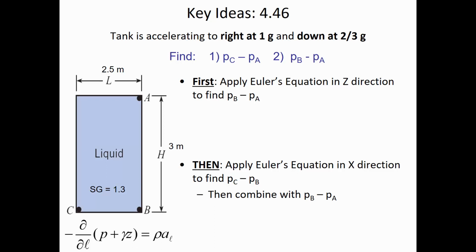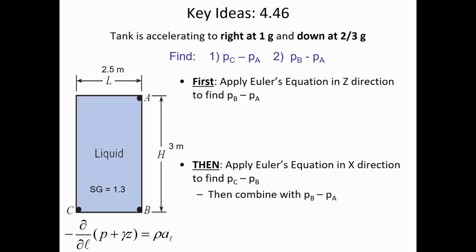Okay, so the acceleration that you put in for z, you're going to put a minus sign because it's down, and then 2/3 times 9.81 meters per second squared. So that's the quantity that you'll put in for the acceleration in z.